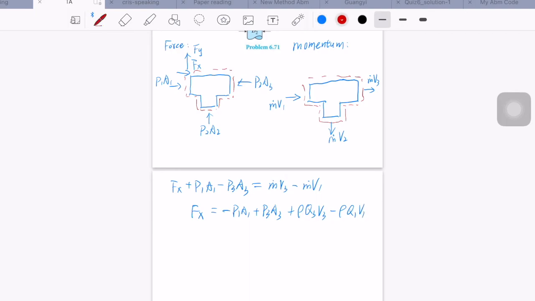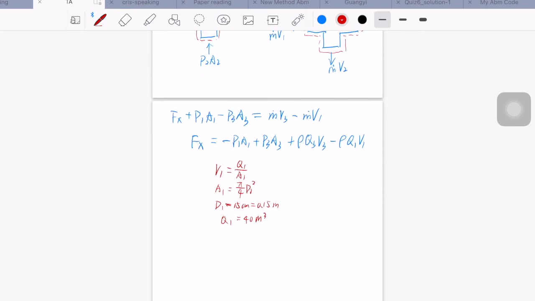And we know the v1 should be equal to the Q1 divided by the A1, and we know the A1 should be equal to pi over 4 times D1 square, and we know the D1 is 15 centimeter, is 0.15 meters, and the Q1 is 40 cubic meters per second.